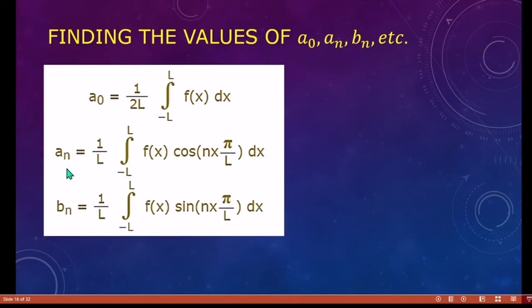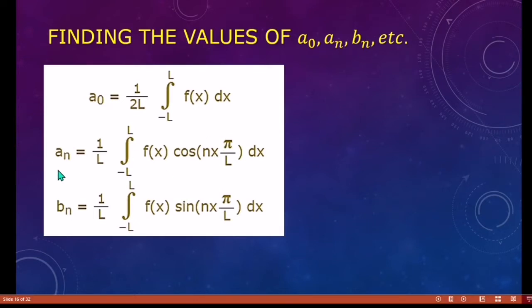And a sub n equals 1 over L times the integral of f of x cosine n x pi over L dx from negative L to L. So, this means yung half period lang muna. And the same with b sub n equals 1 over L times the integral of f of x sine nx pi over L dx from negative L to L.